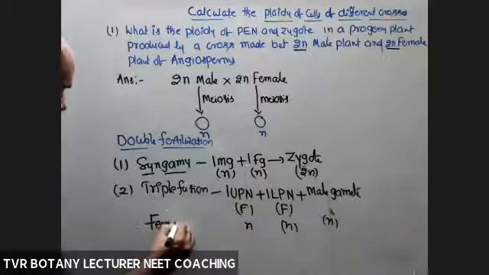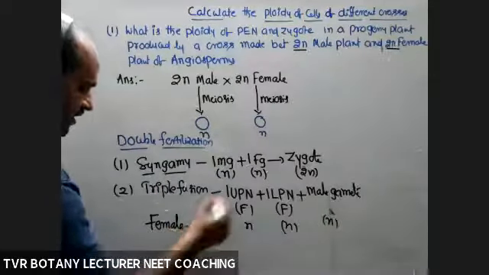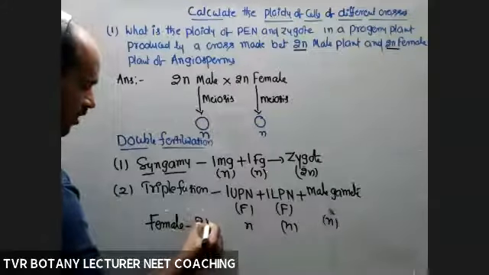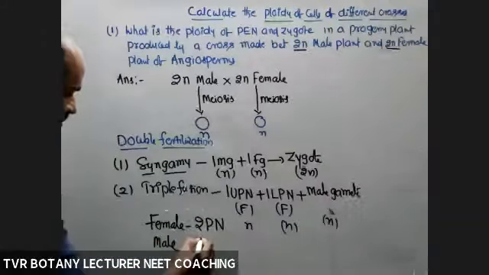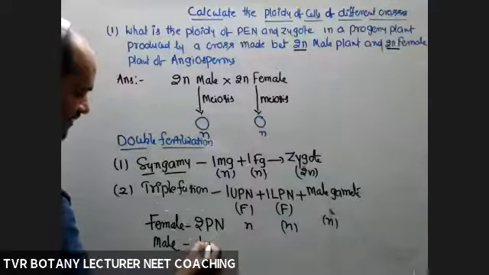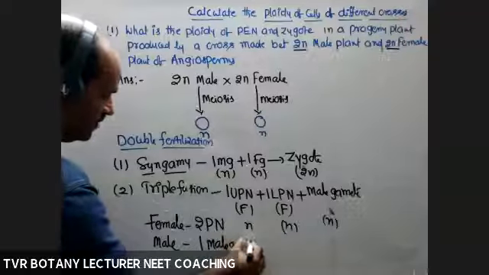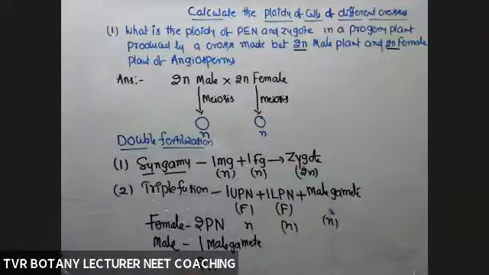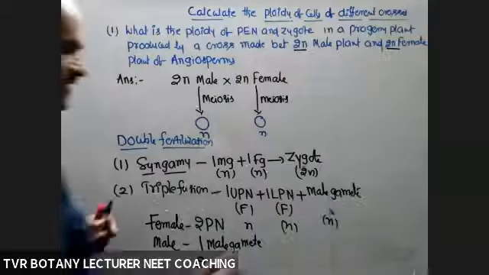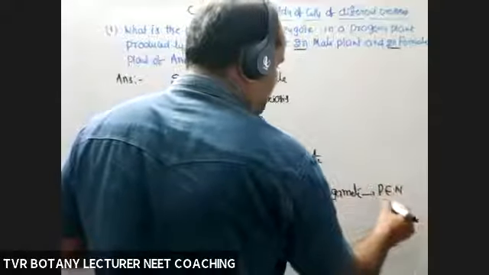Two polar nuclei are involved. On behalf of the male, only one gamete is involved. So the ratio is 2:1. In this case, definitely the product is PEN, that is 3n.